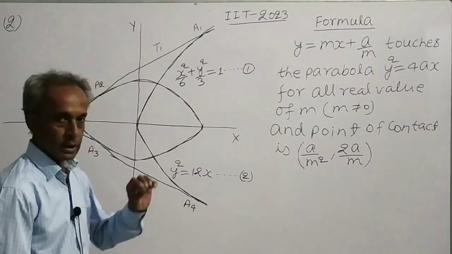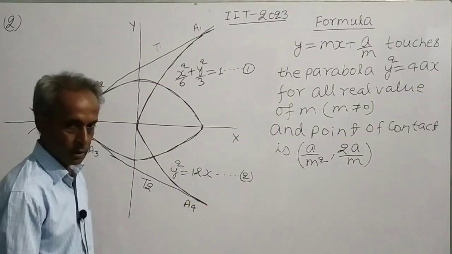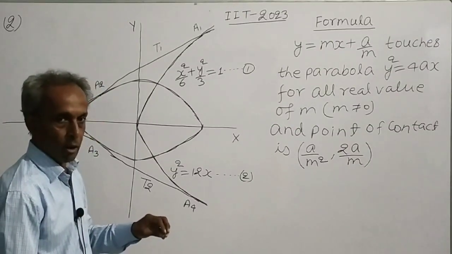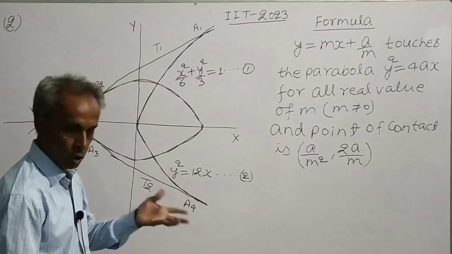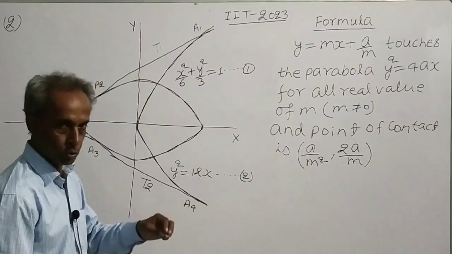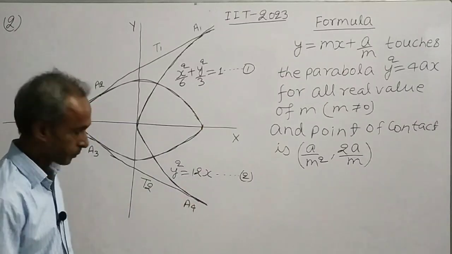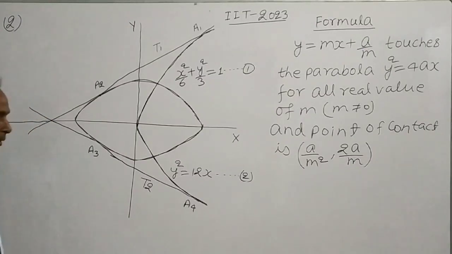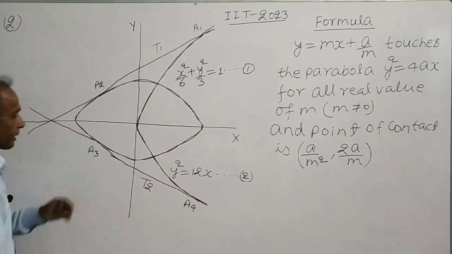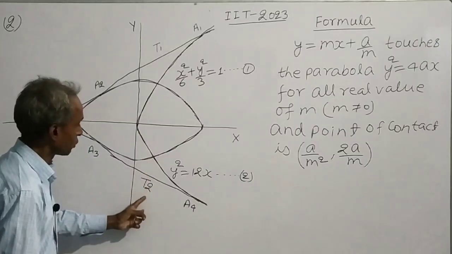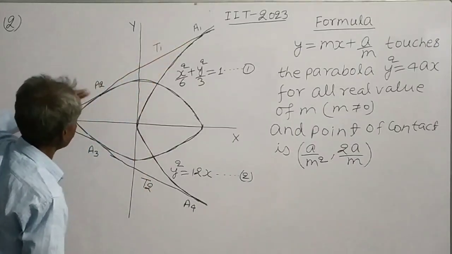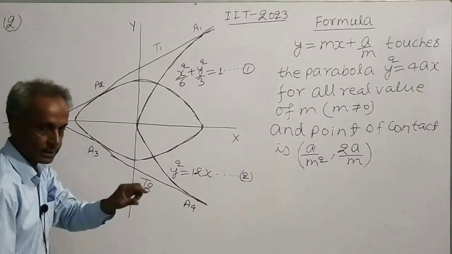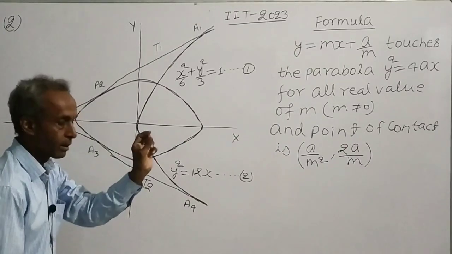Now, four options are given, and we have to find out which one or more options are correct. In two options, it is said that the straight lines T1 and T2 intersect at a point and coordinates are given.